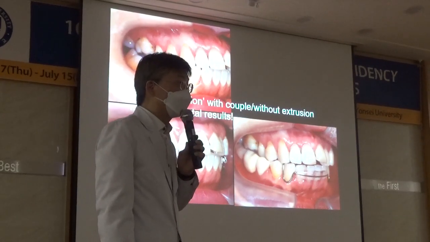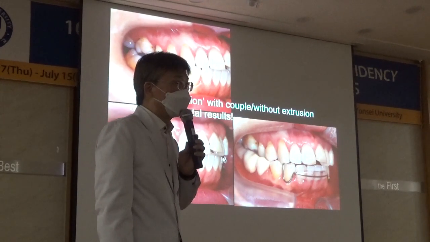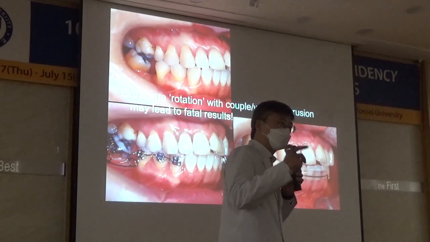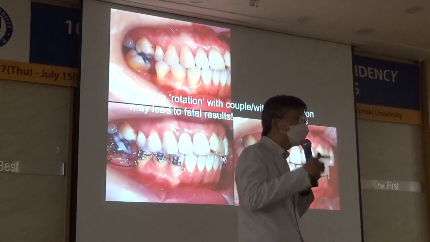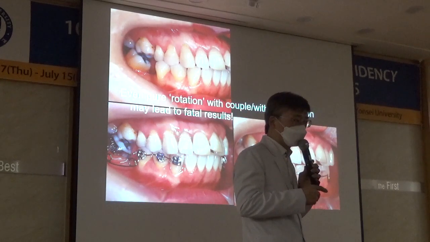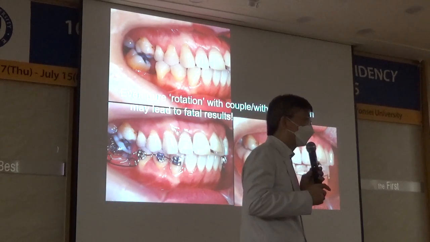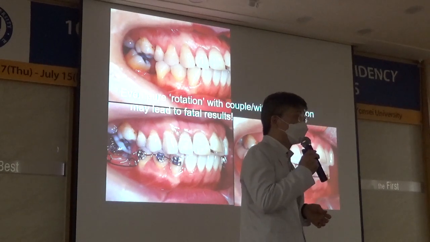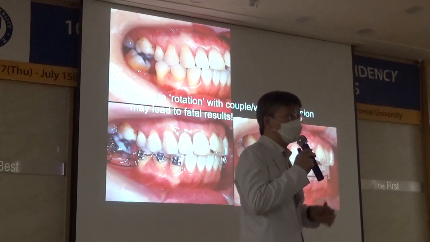Do you think molar uprighting is easy? Not easy. Not easy. Because as if we are missing something. Obviously we are missing something. That's what I'm going to talk about in the morning, alright? Molar uprighting is not easy. Never easy. In most cases. Why? Because the upper molar is in the way.